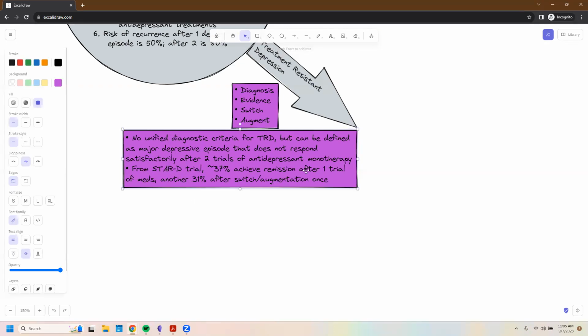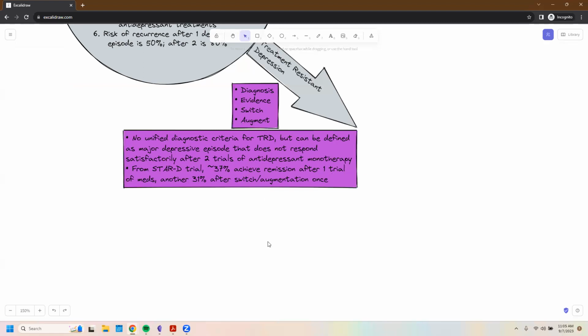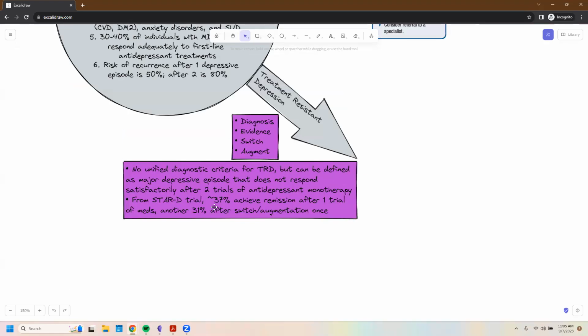And then from the STAR-D trial, we actually have some robust evidence saying that only about 40% of people will achieve remission after just one medication trial, and another 30, 31% will be able to achieve remission after they either switch to another antidepressant or augment their initial antidepressant treatment. So these are pretty abysmal numbers.